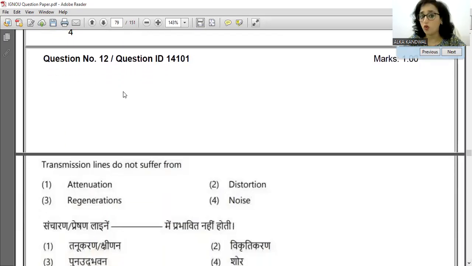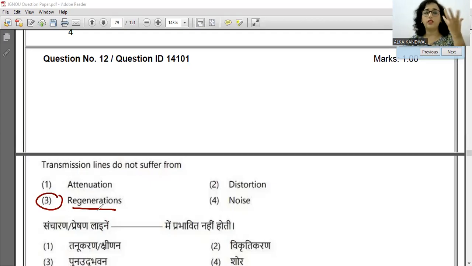Transmission lines do not suffer from, the transmission line during communication, they do not suffer from attenuation, distortion, regeneration, noise. So the answer will be regeneration. Disturbance happens, noise also happens, distortions also happen, regeneration does not happen. Whenever we want to regenerate a particular signal, we have to install a special device called a repeater.